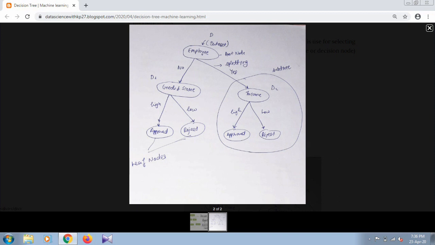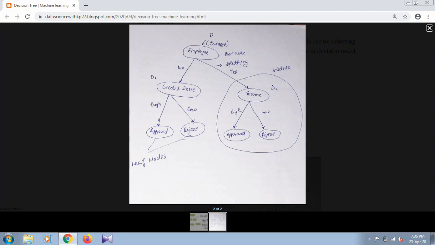One other terminology is subtree or branch. So income, approved, reject, or credit score, approved, reject, works as a subtree, which is nothing but a tree inside a complete tree, one that satisfies all the requirements of being a tree.